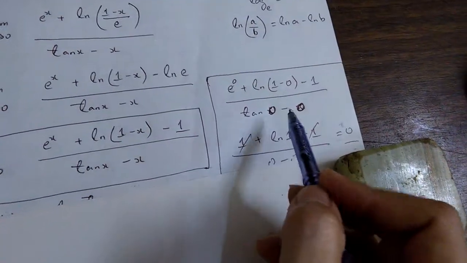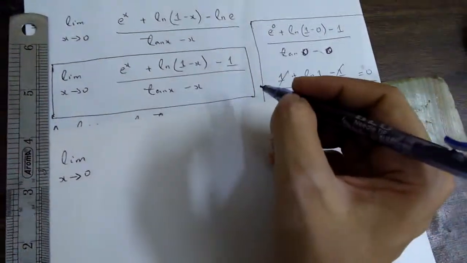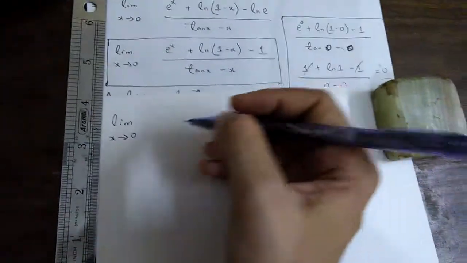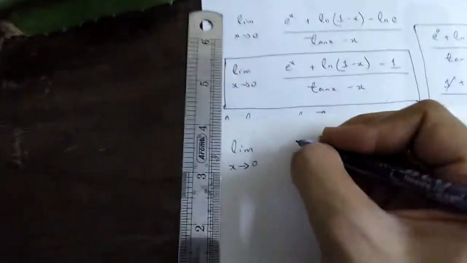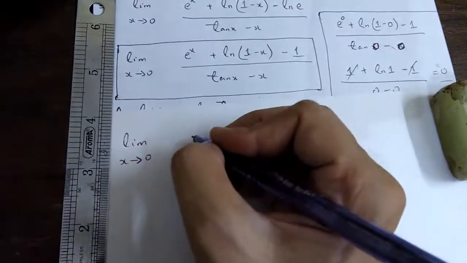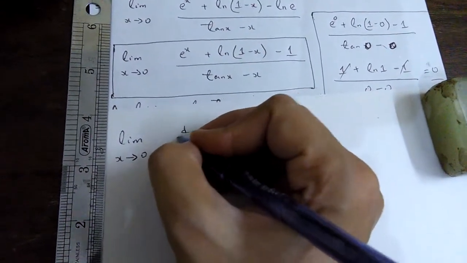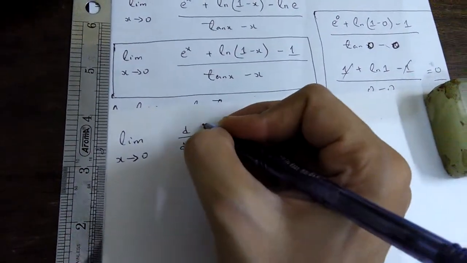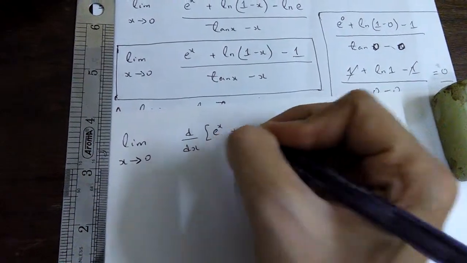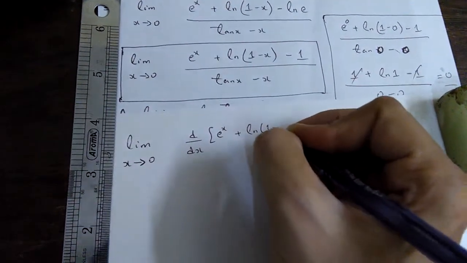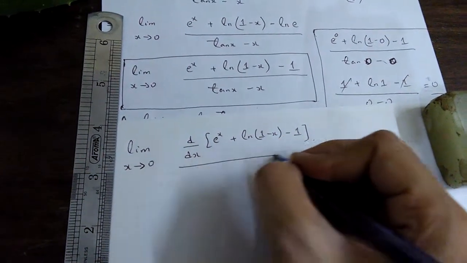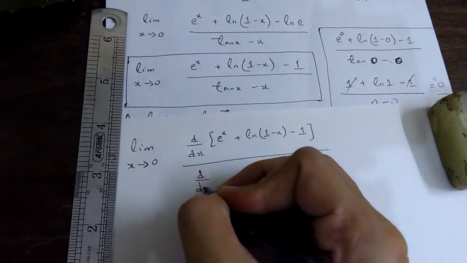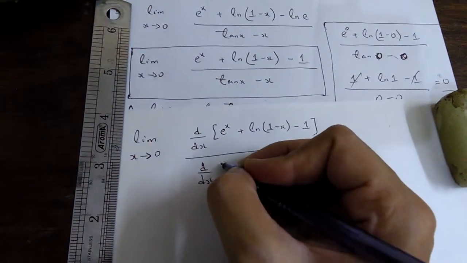This work is something you did in your mind, and you came to know that this is an indeterminate form after applying the limit. You apply the rule of L'Hopital, differentiating your numerator and your denominator. That's what the rule says.